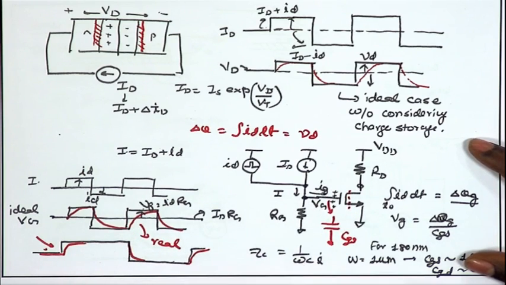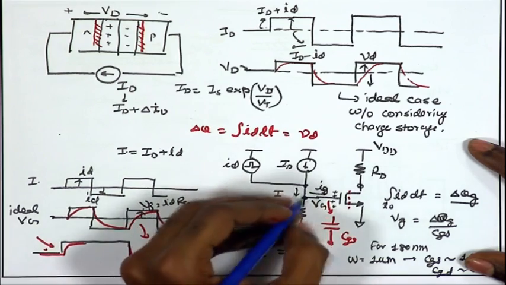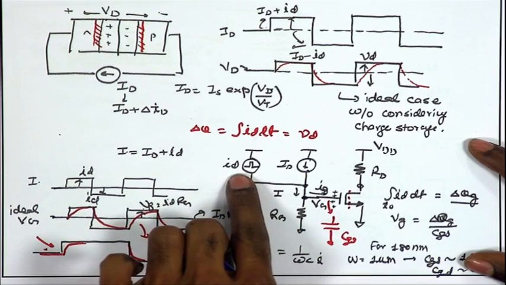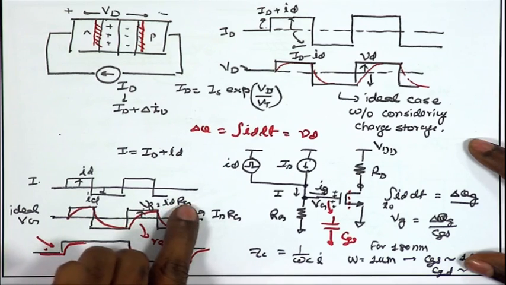But we know that in order to arrive at this larger Vg, which is higher by small ID RG, because this voltage we are expecting that when we increase the current to ID plus small ID, the gate voltage will increase by small ID times RG.